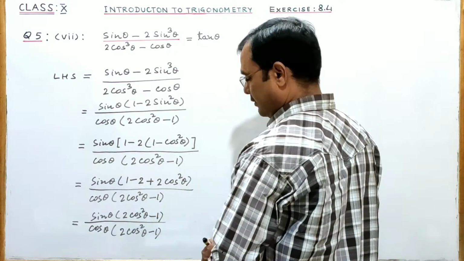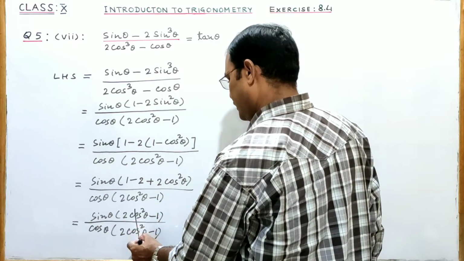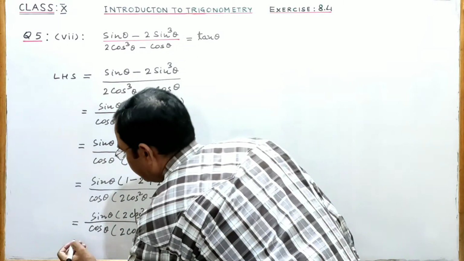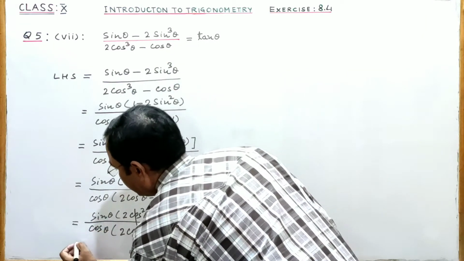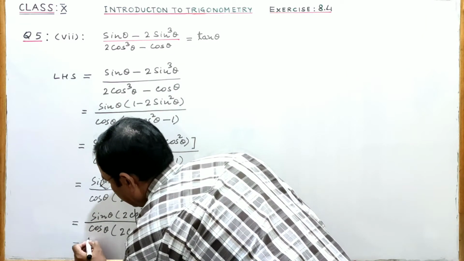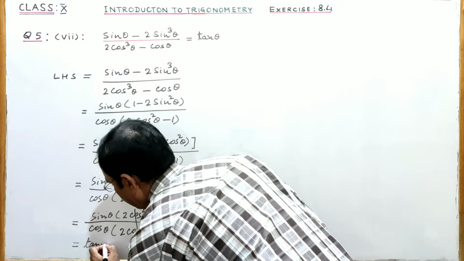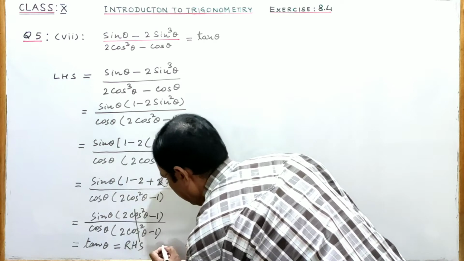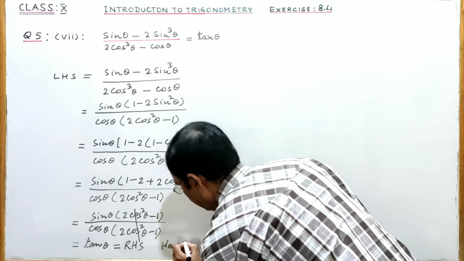So 2 cos square theta minus 1, 2 cos square theta minus 1 cancelled. Sin theta by cos theta, tan theta, and this is right hand side, hence proved.